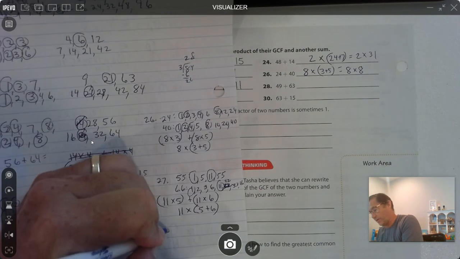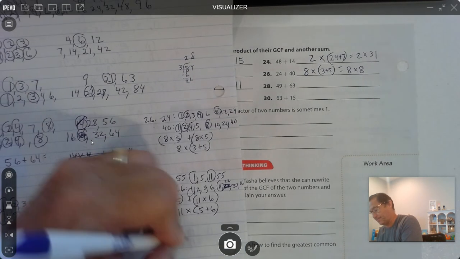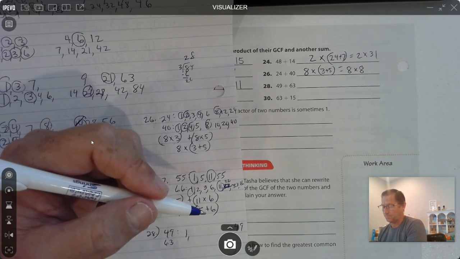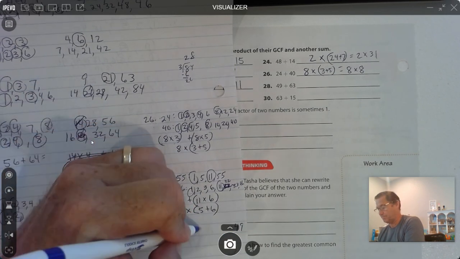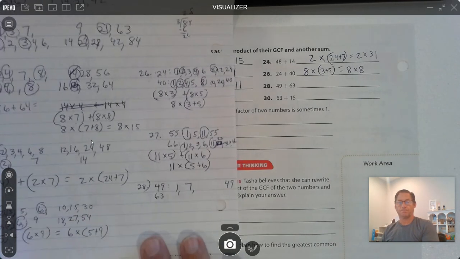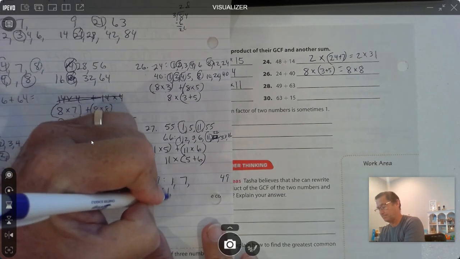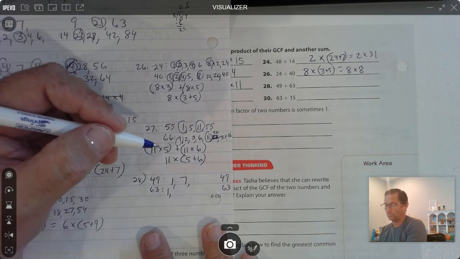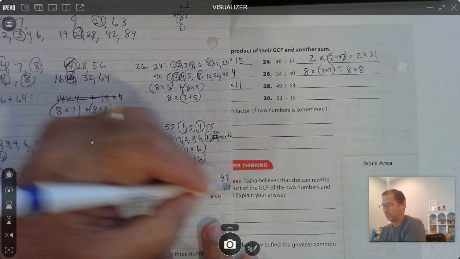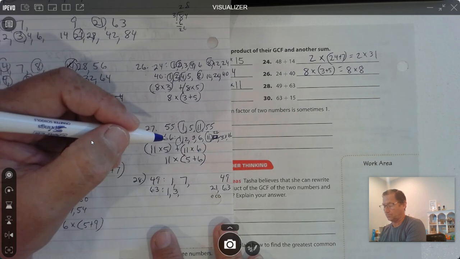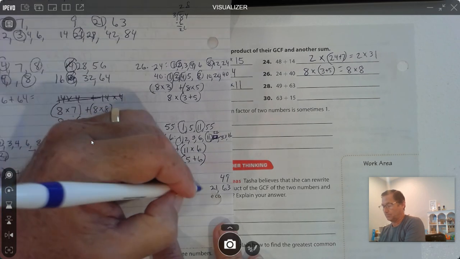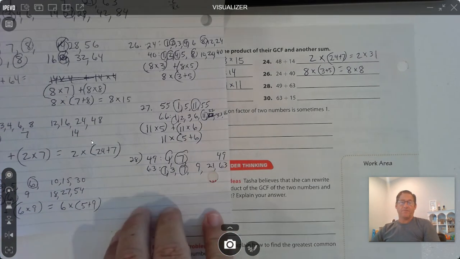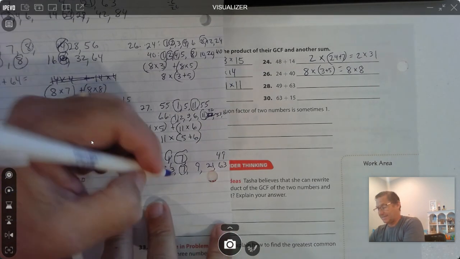We're going to rewrite 49 plus 63. Okay, the greatest common factor of 49 and 63 is 7.